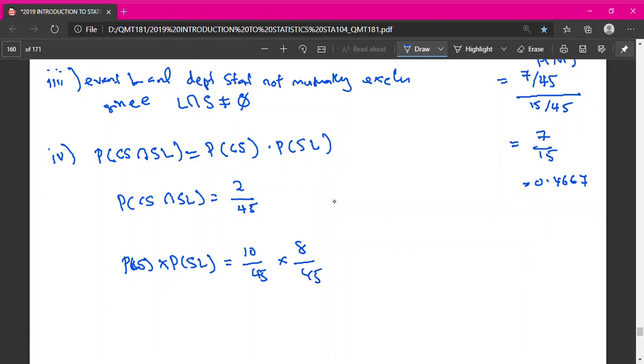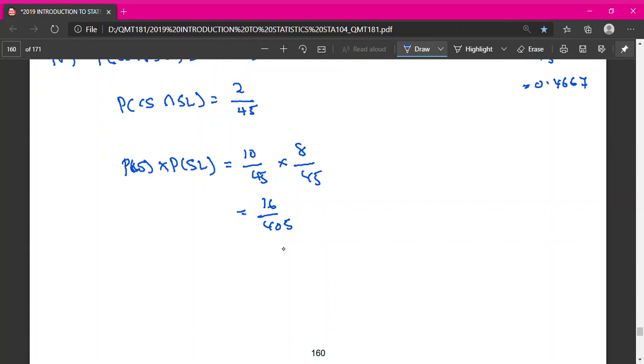So multiply these two dapat berapa? Adakah sama dapat dengan yang ke atas ni, the intersection between that two. So it will be 10/45 multiply dengan 8/45. So we will get 80/2025, which is not equal to the probability of the intersection between CS dan senior lecturer.